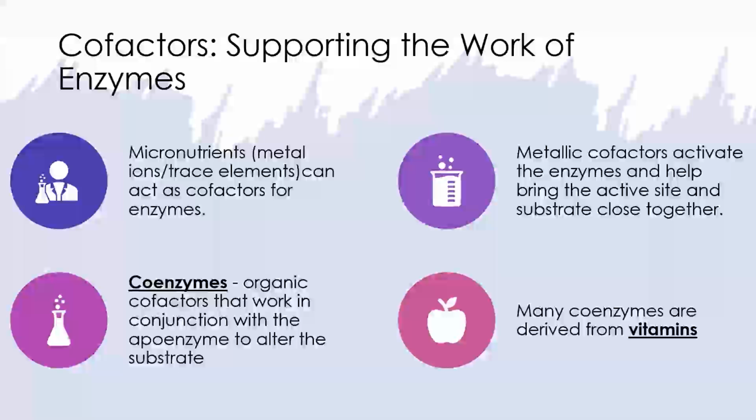If you don't have the vitamins, then you don't have the coenzymes, then your holoenzymes don't function right, and now your metabolic pathways are all whacked out. So many of them come from vitamins that are gotten from the general nutrients provided to the cell.